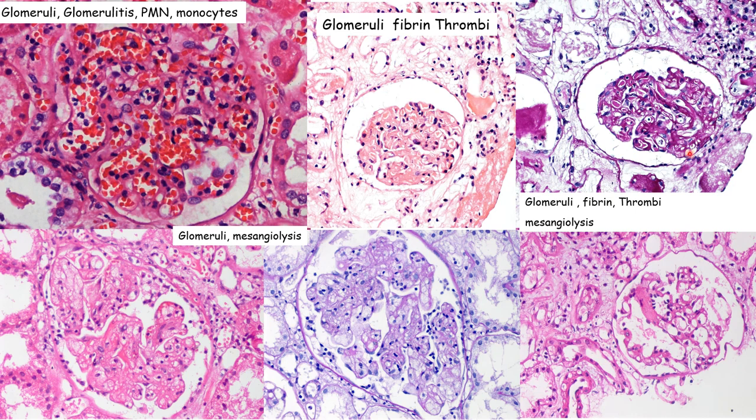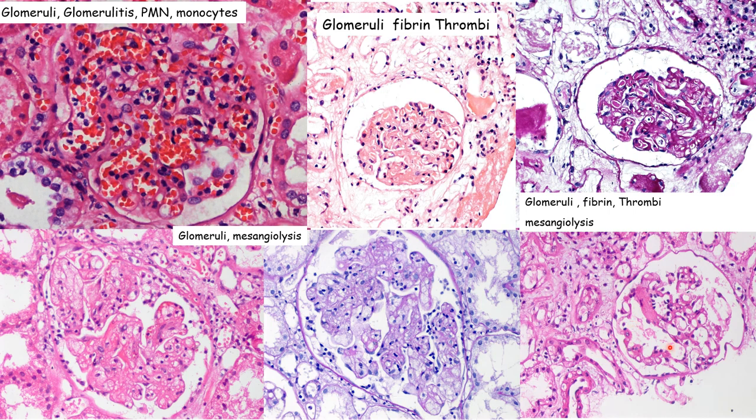Along with the tubules and the peritubular capillaries, the glomeruli also bear a significant brunt in active humoral rejection. The earliest manifestation is an increased number of neutrophils within the capillary lumen. Few glomeruli may show the presence of fibrin thrombi, which are seen even better on the PAS sections over here. And sometimes they are very well seen in markedly dilated capillary loops.